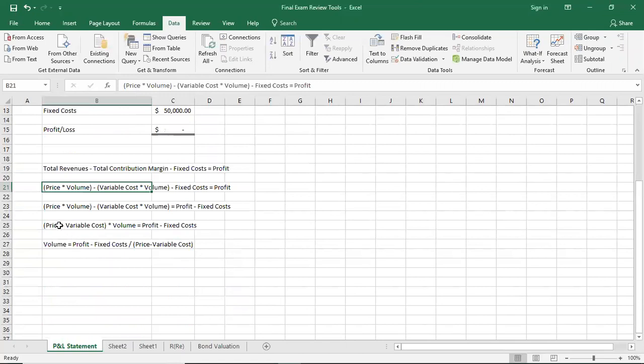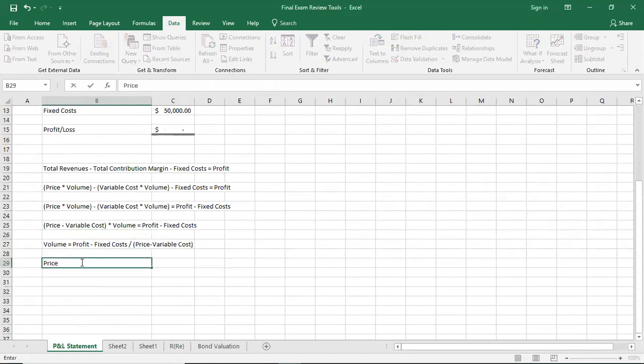When you get down to price minus variable cost times volume equals profit minus fixed costs, you'll then get it to where it becomes price equals fixed costs and minus variable costs.